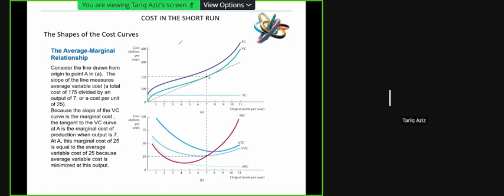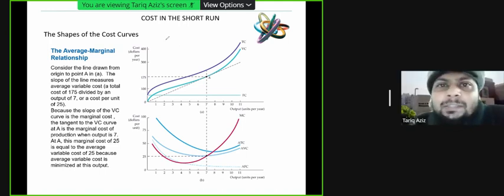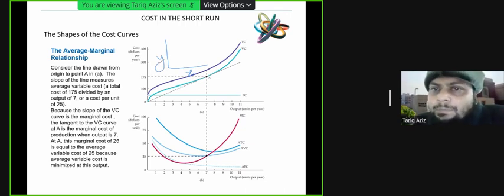Okay, so regression is nothing but a relationship between X and Y. The relationship between X and Y is known as regression. So Y is equal to A plus BX.